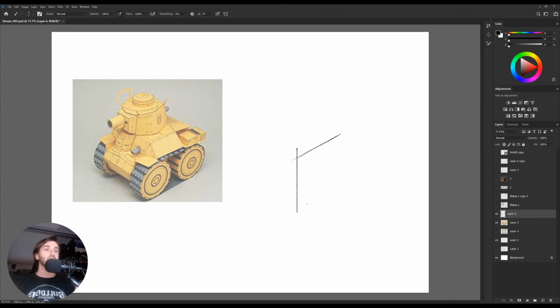Remember, if you are doing a study, you don't need to make a perfect copy. If you understand the geometry that is happening in here, then the whole thing will get way easier. So at first I have drawn a really simple plane that I think has a similar direction of perspective on the side to this wheel.